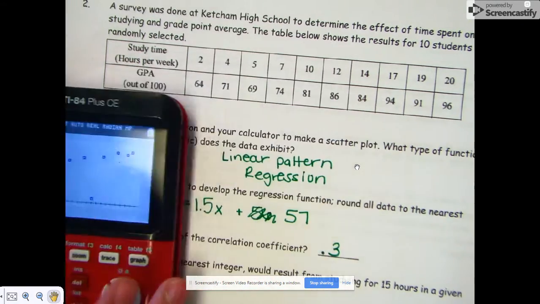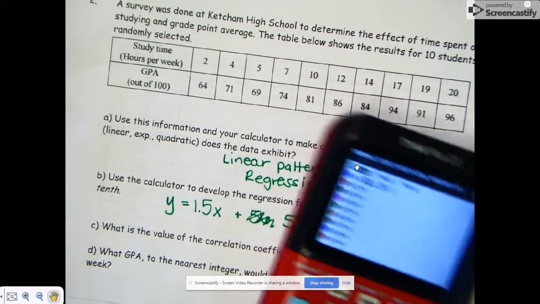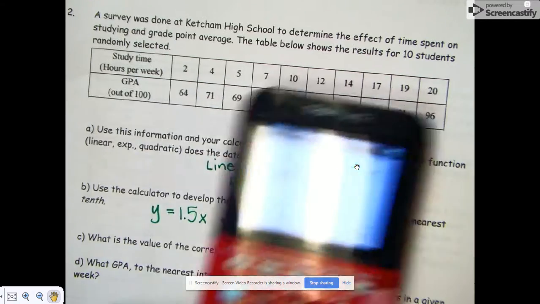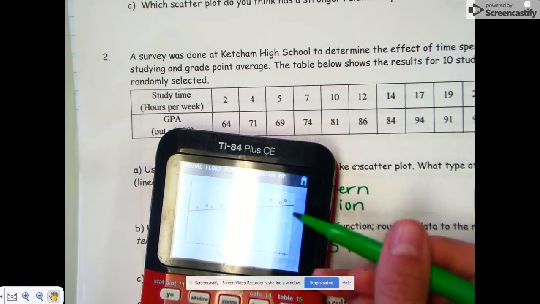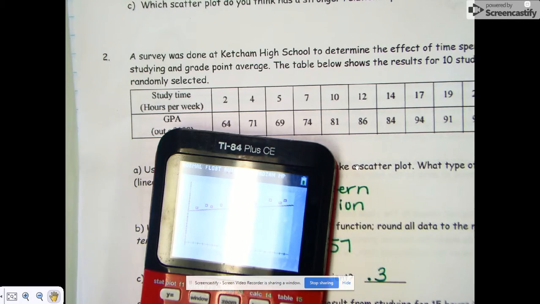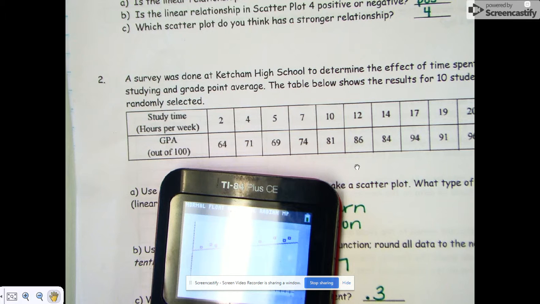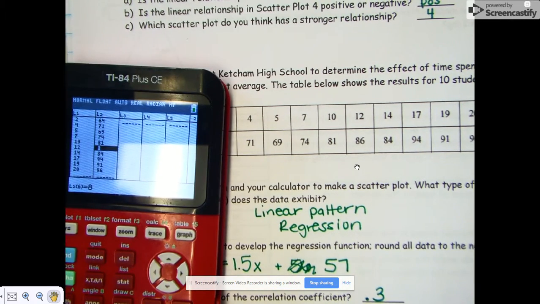Okay, I'm going to type that equation in, 1.5x plus 57. You can see that outlier is bringing that line of best fit down. Maybe I typed something in wrong. Yeah, I did. This is supposed to be 86. That's why.